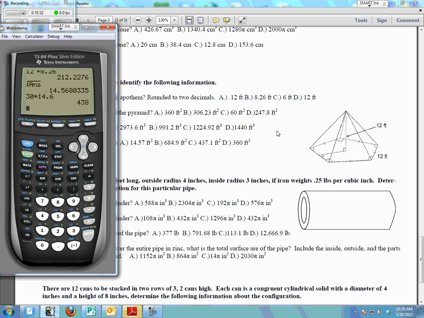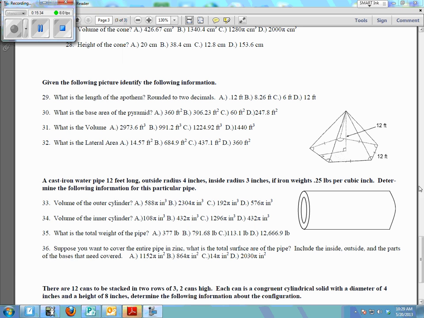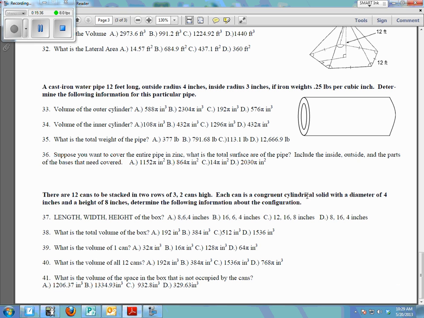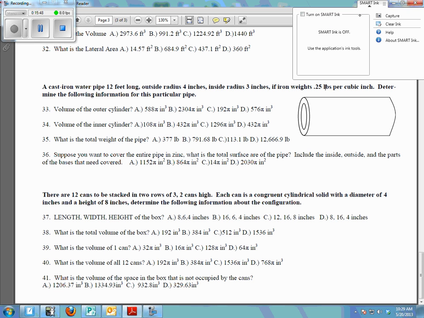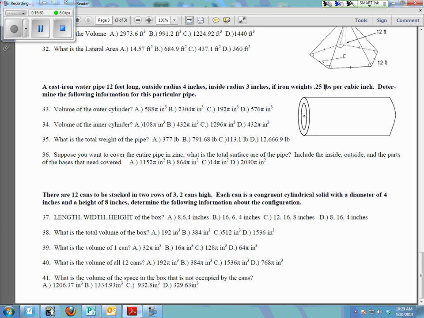Moving down to question number 33. Let's ask you to find the volume of the outer cylinder, and we know that we have an outside radius of 4 inches. So that distance right there is 4 inches, and the pipe is 12 feet long, so I'm going to say this is 144 inches.